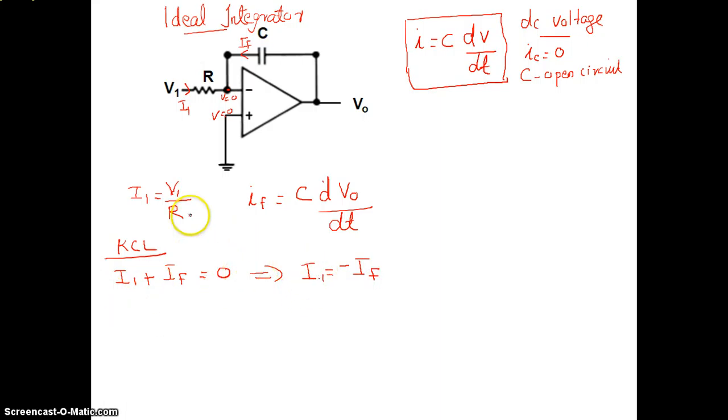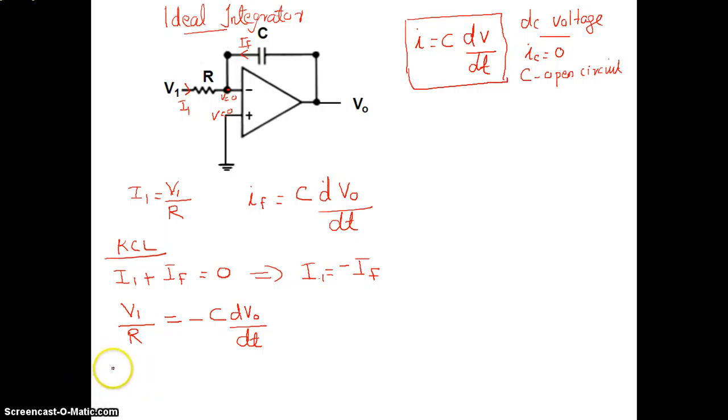Now substitute the value of I1 from here and IF from here. So what you get is V1 divided by R, that is I1, should be equal to minus IF, and IF is C dVO divided by dt. V1 is the input voltage.